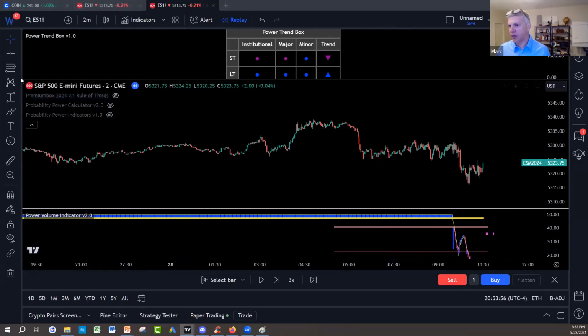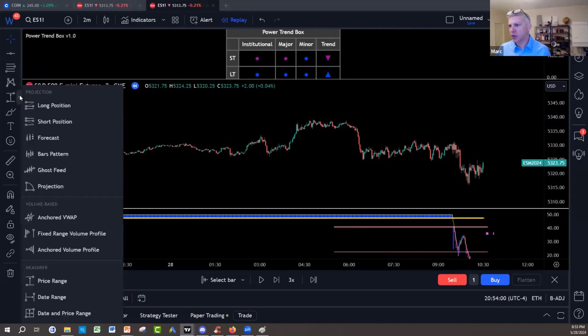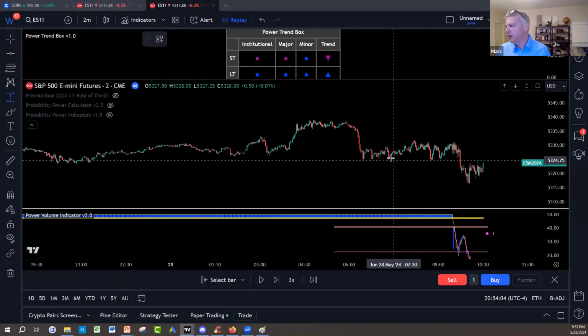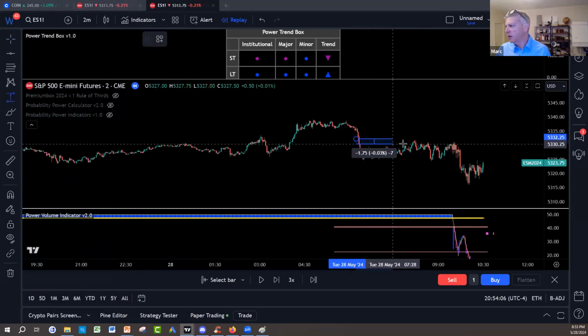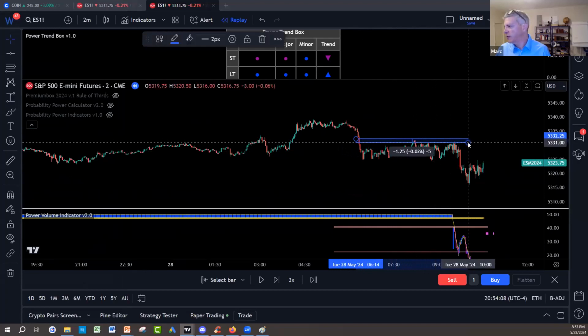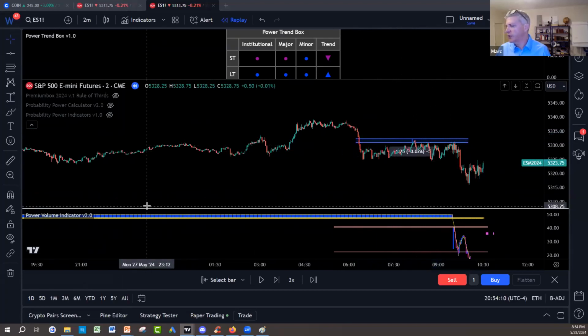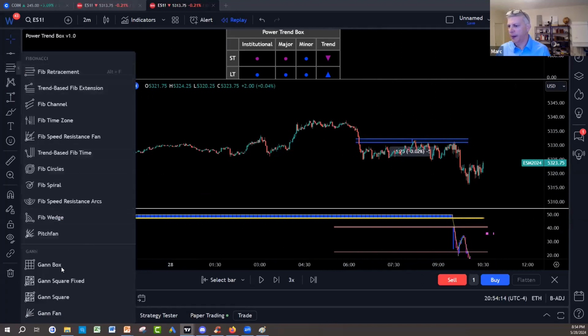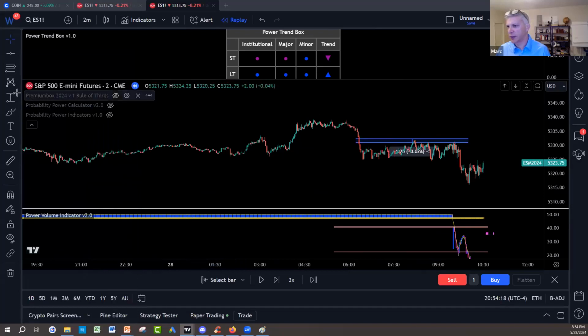If I was someone that just used supply zones, you could see all of this becomes an area of resistance, right? And of course, I'm not going to find this thing twice.